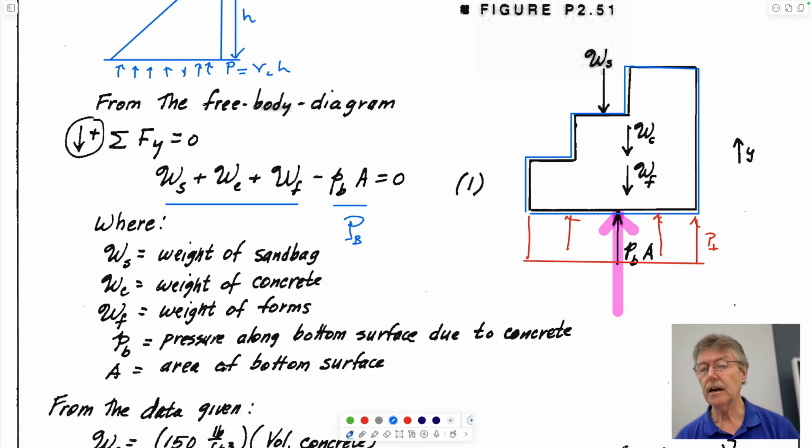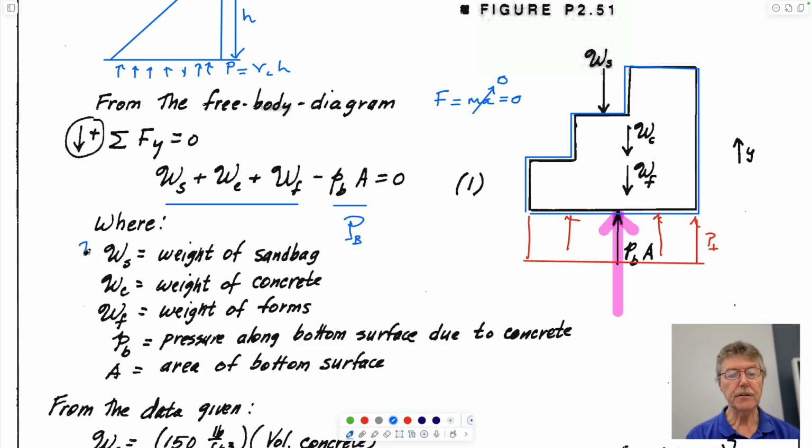The rest just becomes a calculation for all the components. Of course, if it's in equilibrium, because F equals ma, it's not accelerating, so F equals 0. Therefore the sum of forces in the vertical direction, y in this case, has to be 0.